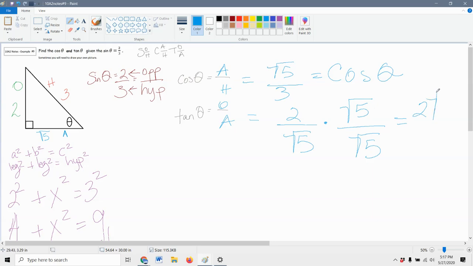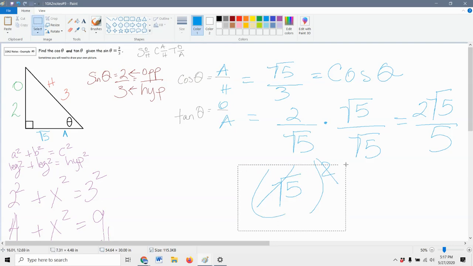When we multiply this out, we'll get 2 root 5. We'll just multiply across, then multiply at the bottom. Now remember, when we have a square root squared, it just undoes this radical. So we'll get 5 on the bottom there. And guys, that's how you rationalize the denominator.